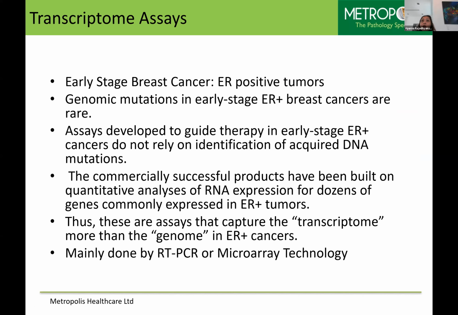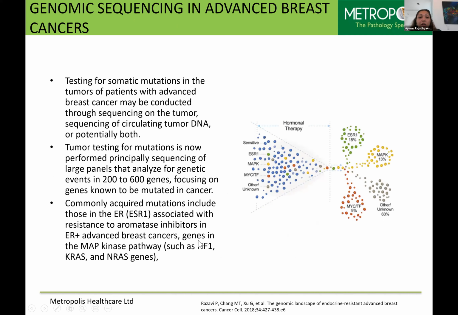What products like Oncotype DX and MammaPrint do is look for risks in breast cancer, good prognosis versus bad prognosis. Will they benefit from chemotherapy or not? And they don't use NGS. They use transcriptome assays, basically on RT-PCR and microarray technology. And because of the wide expanse of the topic, that's all I'll talk about with this.